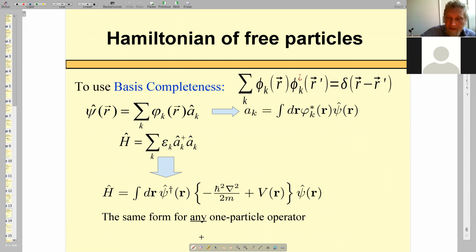I screwed up a bit, that has to be a conjugation sign. Fine. Good. So basically, one can do it by direct algebra. One can express field operators in terms of A and actually revert this relation using the completeness of the basis of the wave functions.